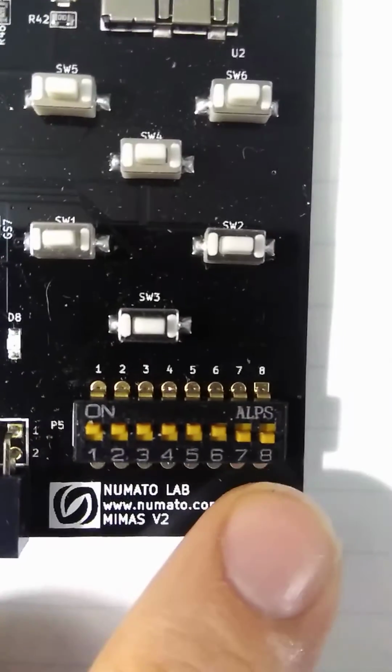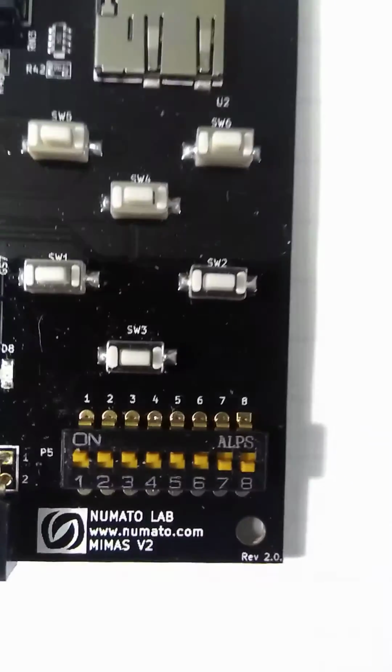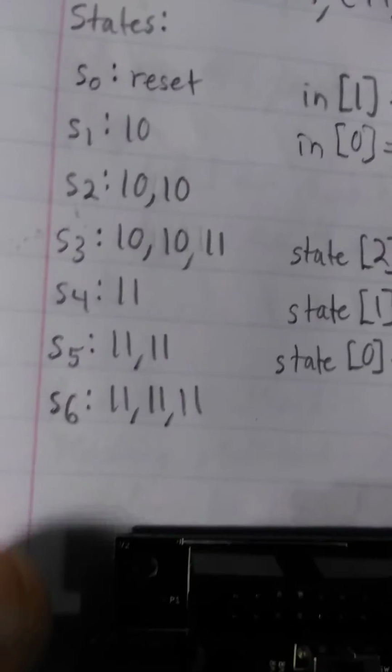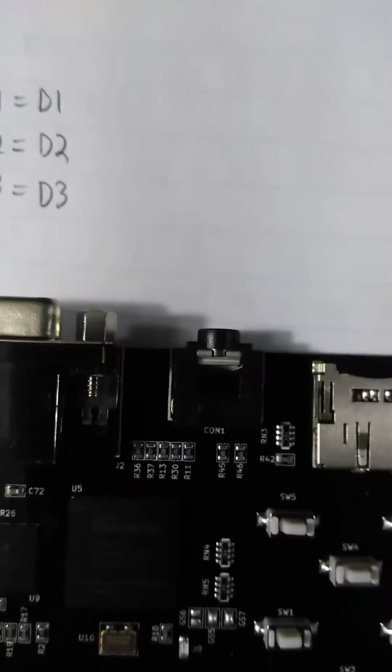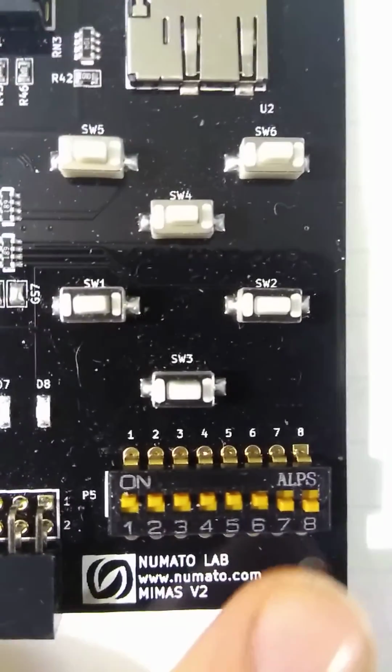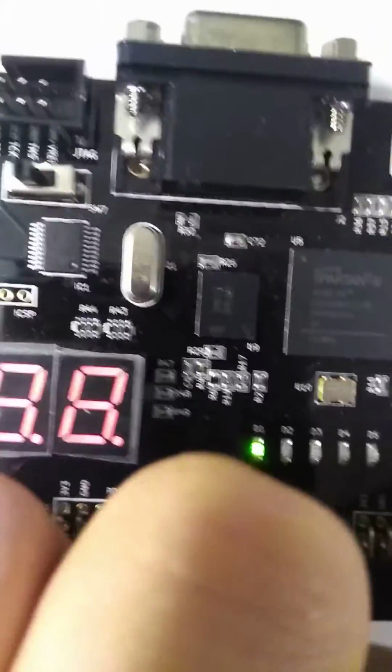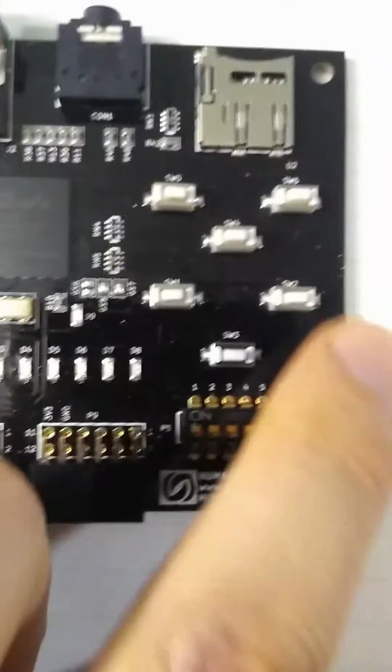And now I can show you how you can detect the other sequence going from state 4 to state 6. Okay, so my dip switches are already set to 1 1. So if I press S2, I go to state 4.